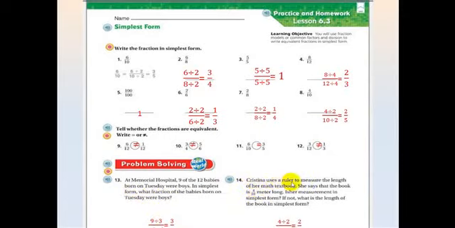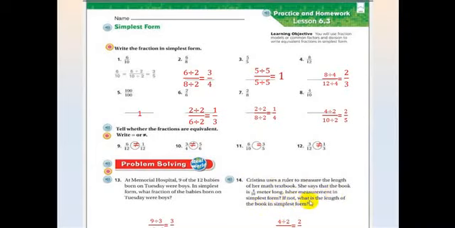And here, Christina used a ruler to measure the length of her math textbook. She said that the book is 4 over 10 meter long. Okay? Is her measurement in the simplest form?